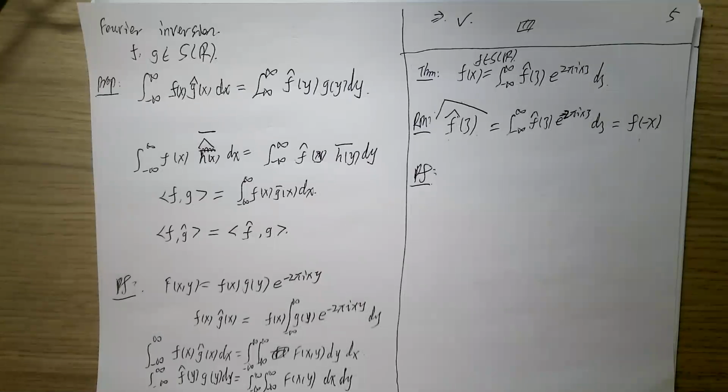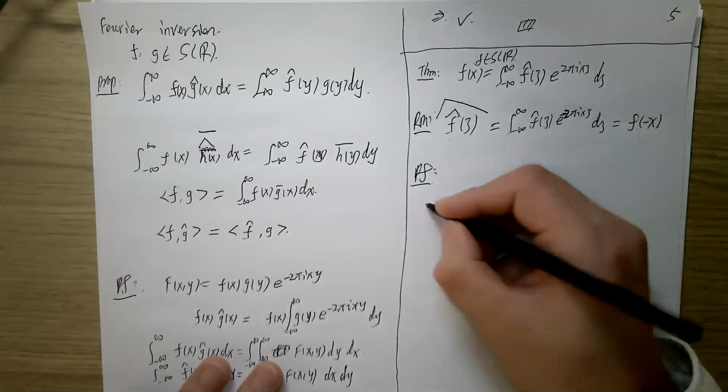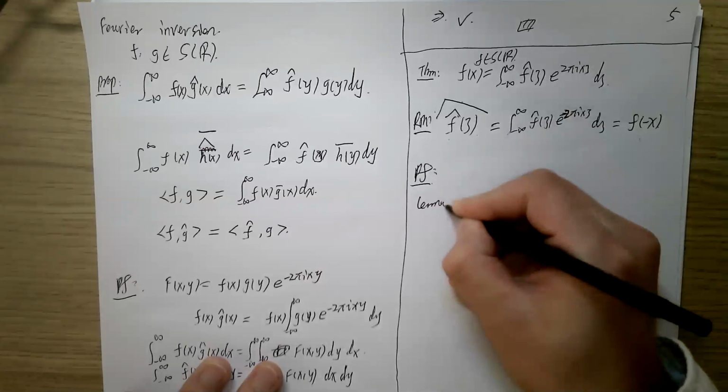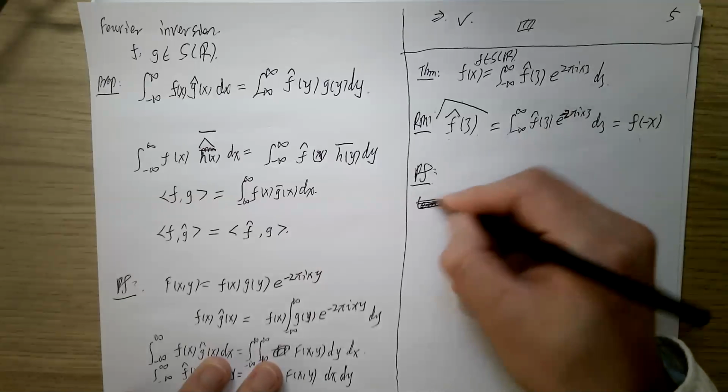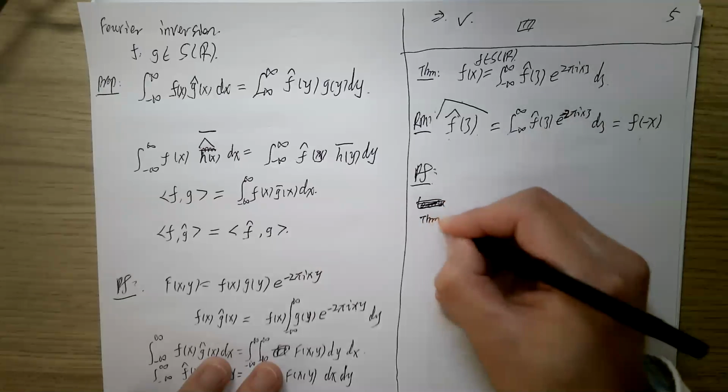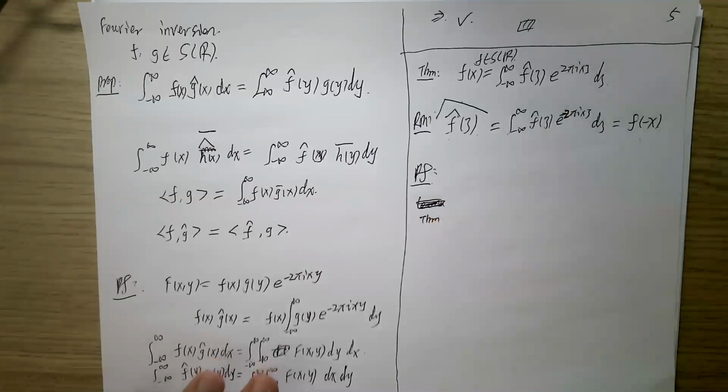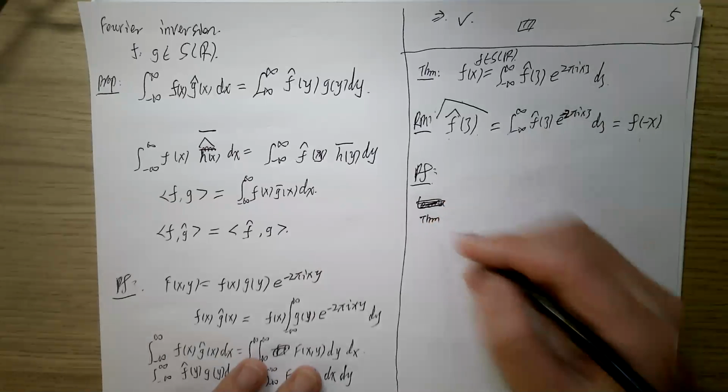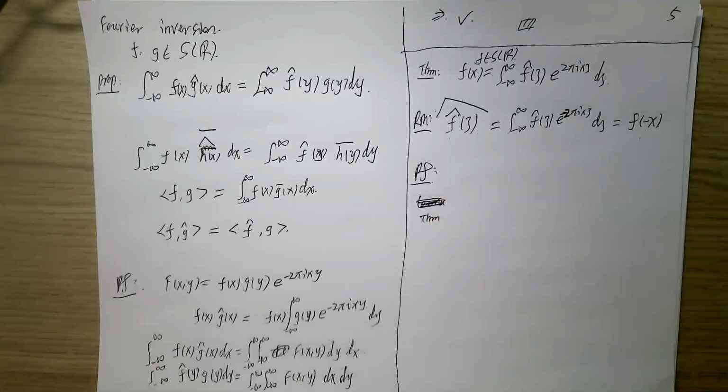Well, if we want to prove it, then the first thing we want to prove is a lemma. Or maybe I shouldn't call it a lemma. I will use it as a lemma here, but it's actually a very famous theorem.